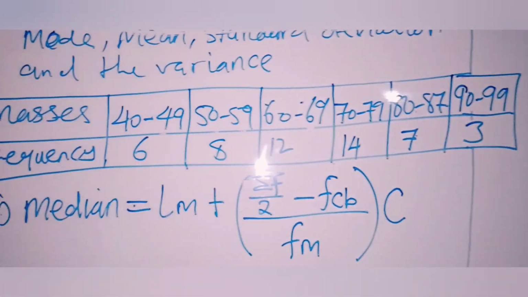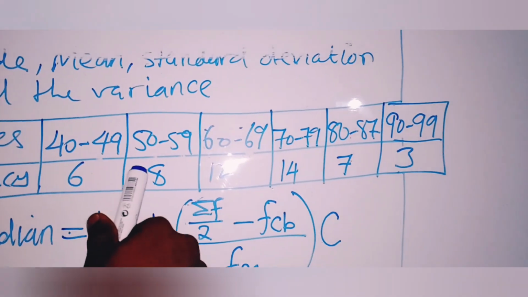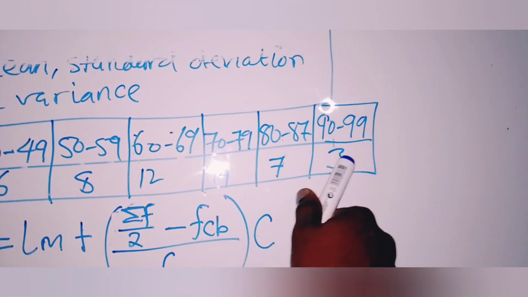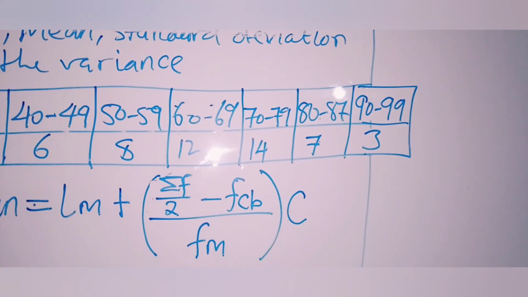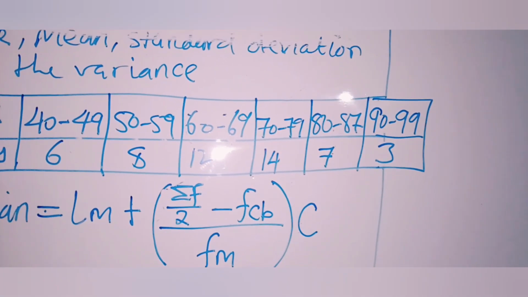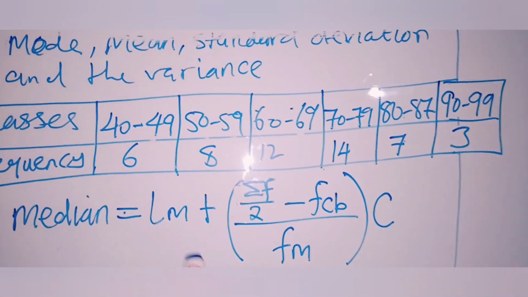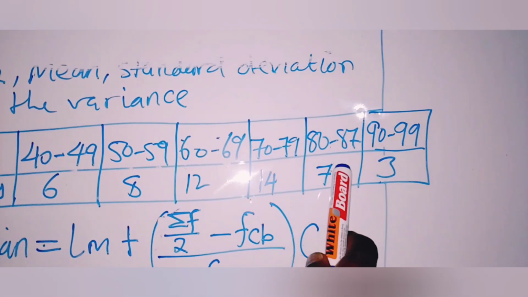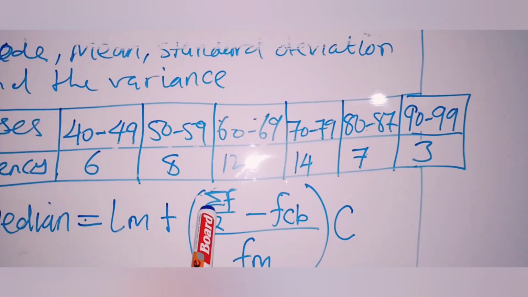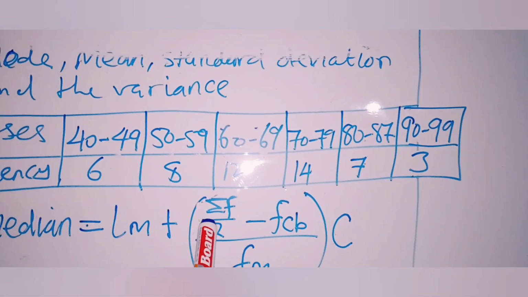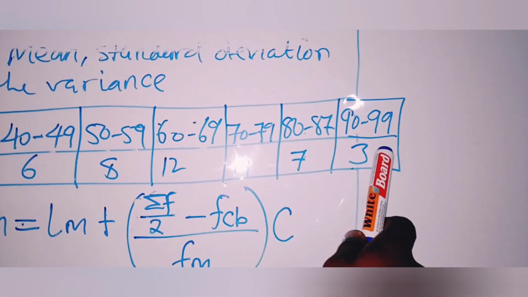Remember, if this is the frequency, when you add them, they are out of 50. This one, that one, this one, up to 3, you add them, they are up to 50. 6 plus 8 plus 12 plus 14 plus 7 plus 3 gives you 50.